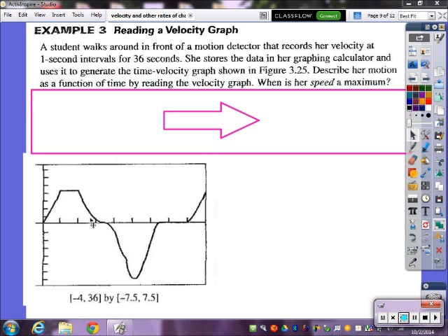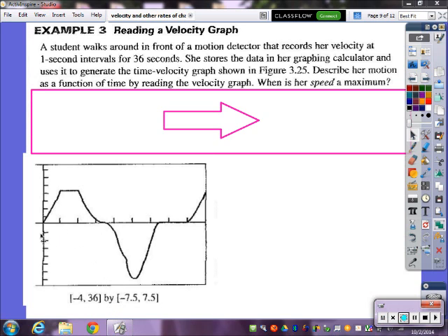So this intersection here where it crosses the x-axis, this isn't 3.5. This is 4, 8, 12. Let's say approximately 13 seconds has passed. So it's really important that you notice what the window is for our graph to start with.